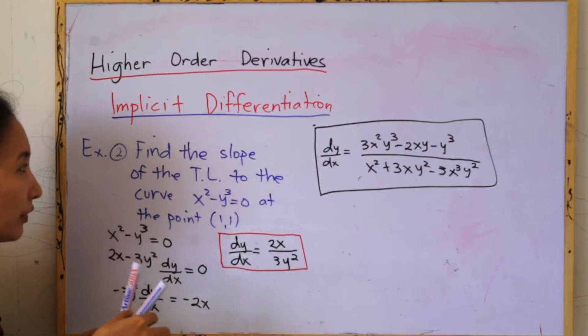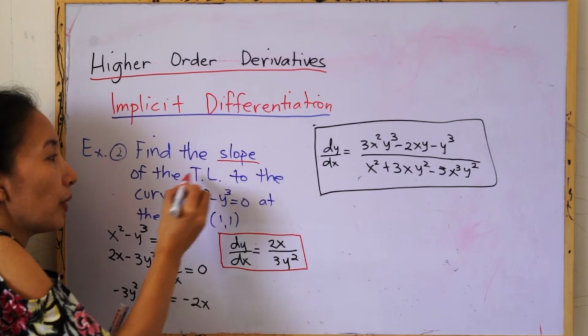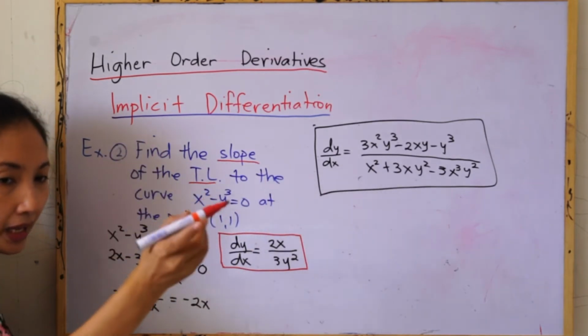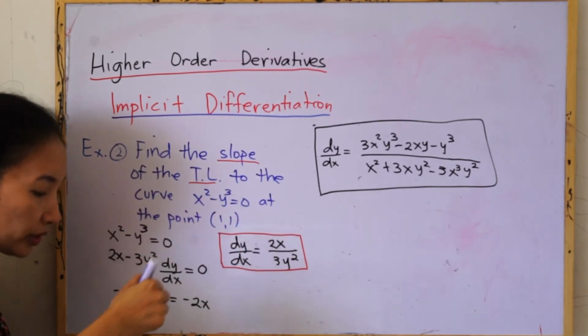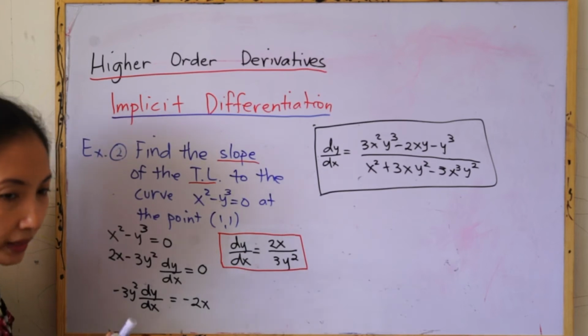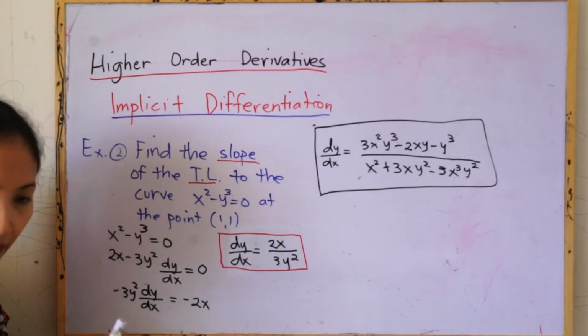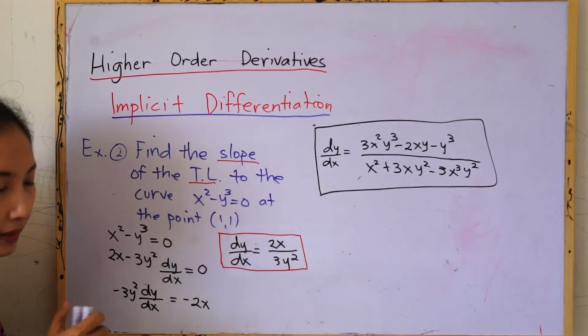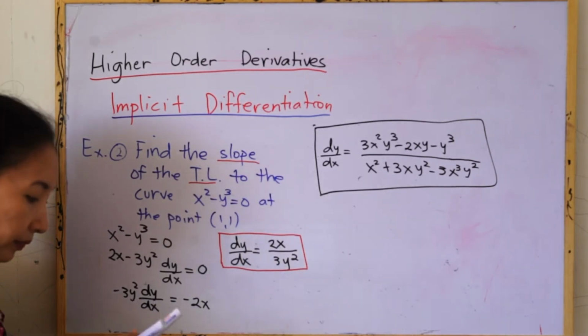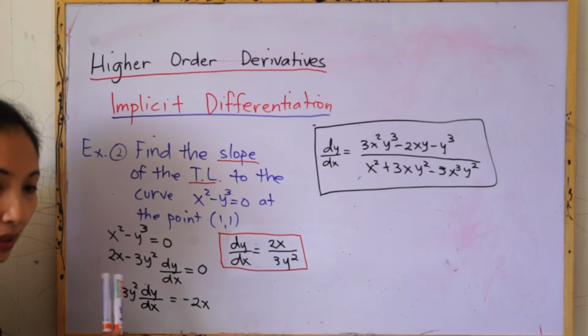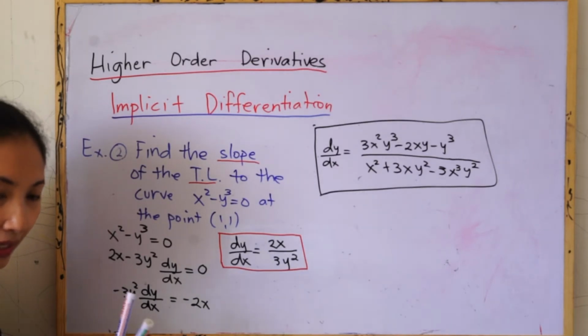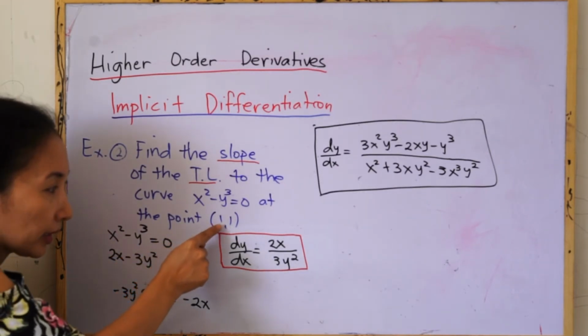What is it asking for? The slope of the tangent line at the point of tangency, which is 1, 1. So, how shall we find the slope? How do we get the slope then? Now, we evaluate. The word is evaluate dy over dx at the given point, 1, 1.